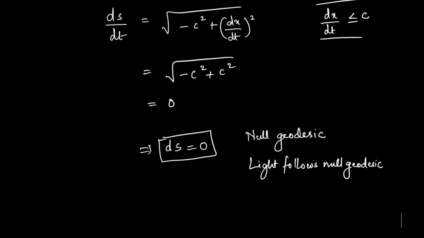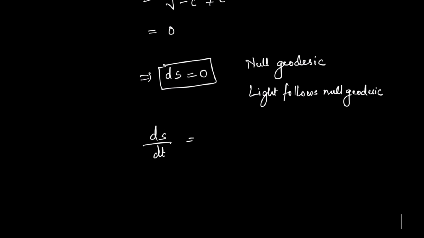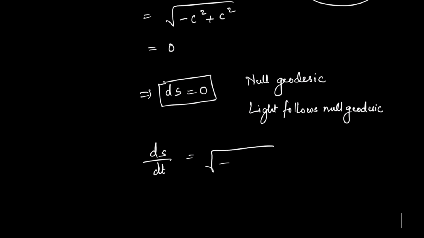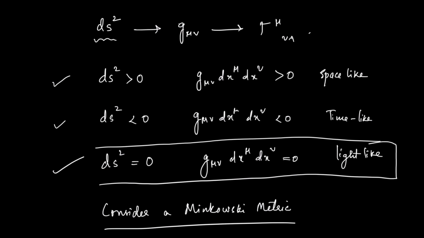So this is if it is a light. If it's not a light, then dx by dt will be less than c. Therefore here it will be root of minus c square plus some quantity which is less than c, and its square, right? In that case, ds by dt will be less than 0, which is the time-like.